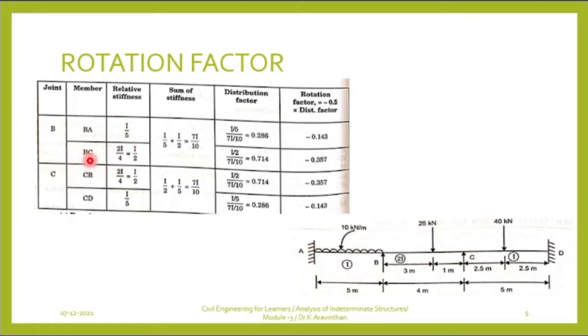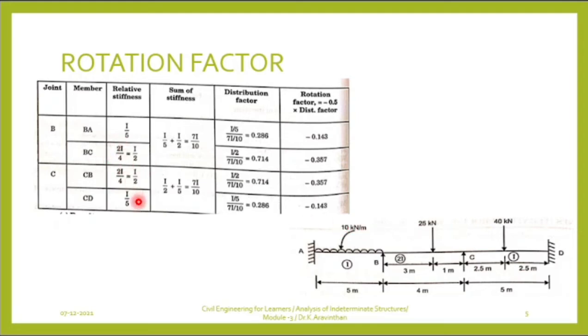But here in BC, why is it written as 2I by 4, that is 2I by L? You have the section property of 2I, isn't it? At the span B and C, you have the property of 2I, hence I by L will become 2I by L. Instead of I, you have to substitute 2I, and it will be there for BC and CB.